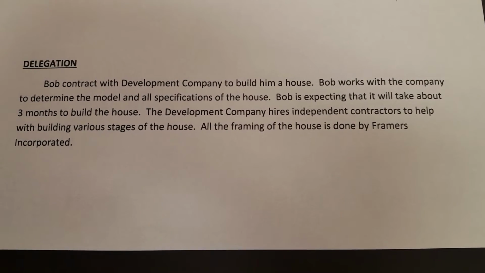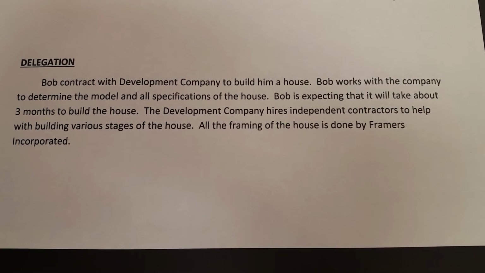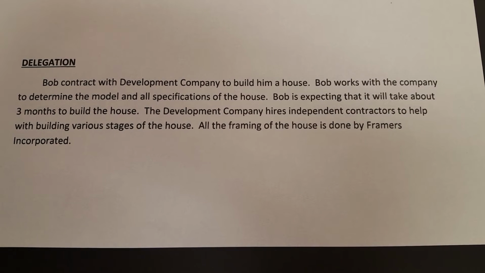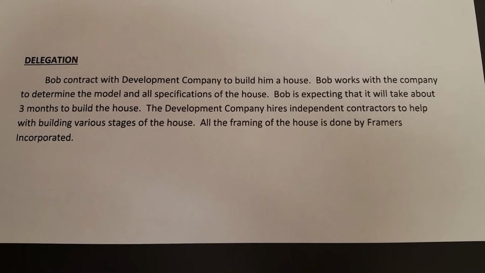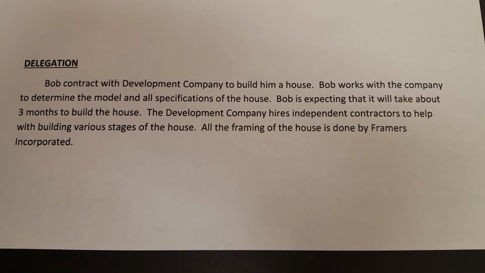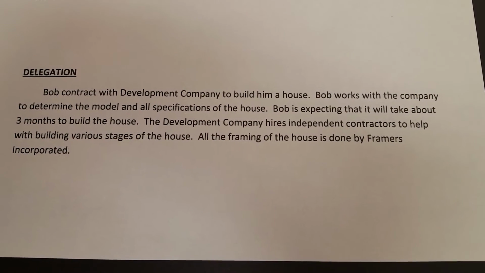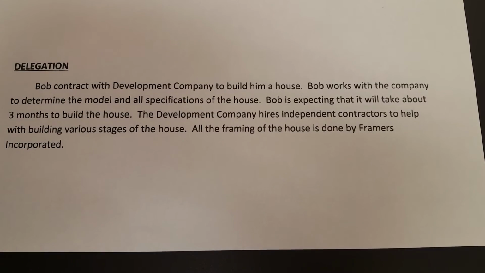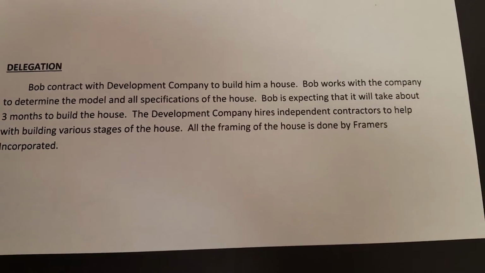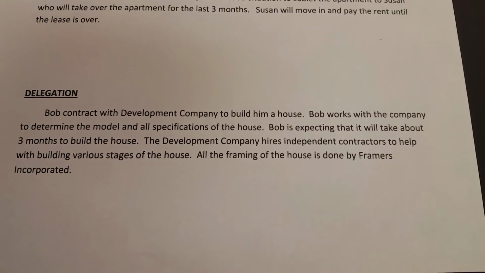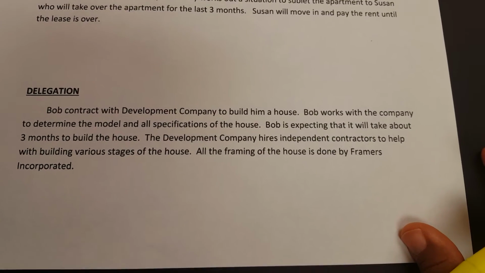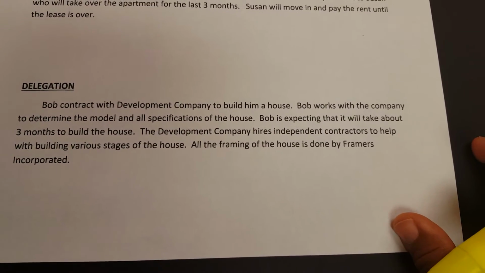The development company hires independent contractors to help them build the various stages of the house. And in our example, we're going to look at the framing of the house, which is being done by Framers Incorporated.